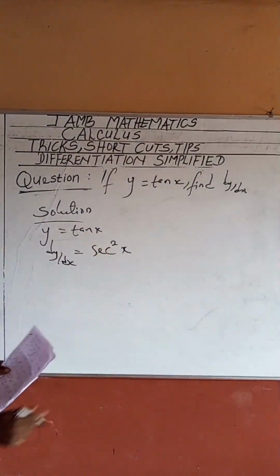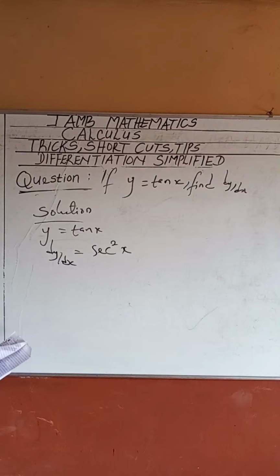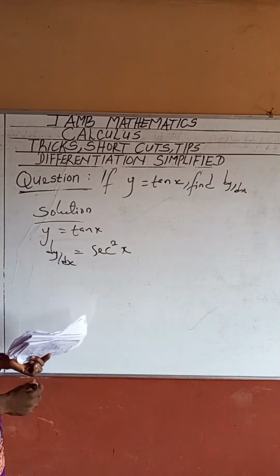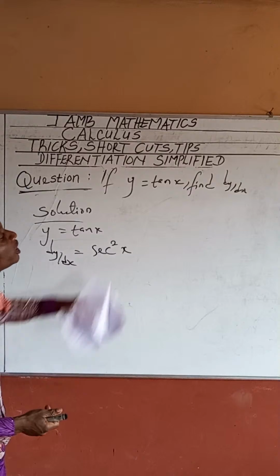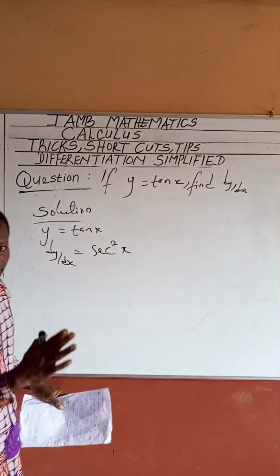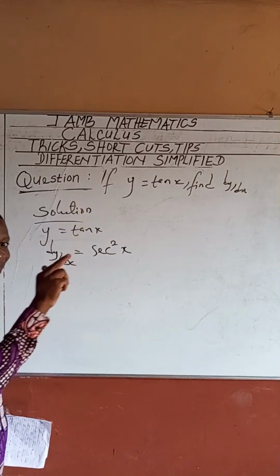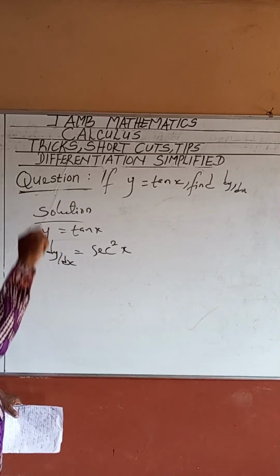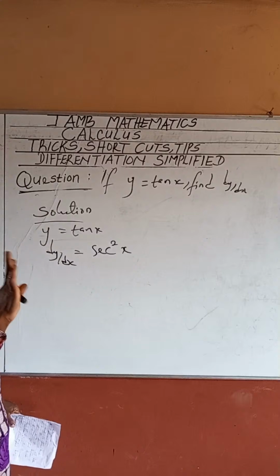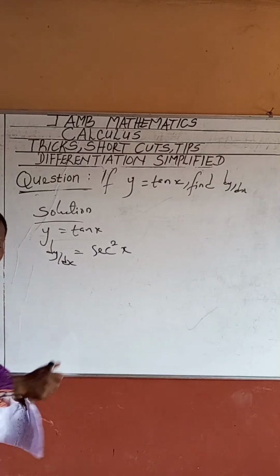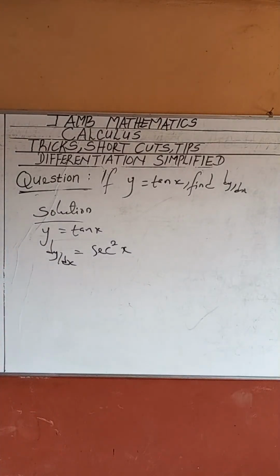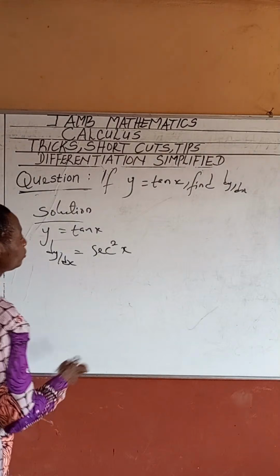This is the solution to this question. If I want to see this, just go to the options and look for sec square x. Don't waste time. Some people will change it to cosine over sine or sine over cosine and be doing quotient. Don't do that, because time is the challenge. You know it, but the time will not allow you to do it.